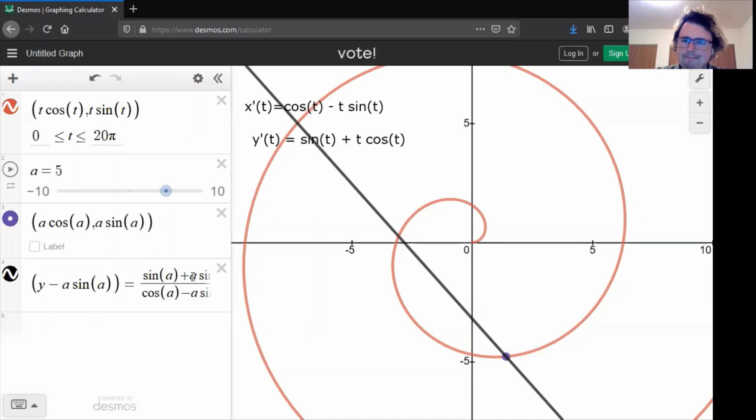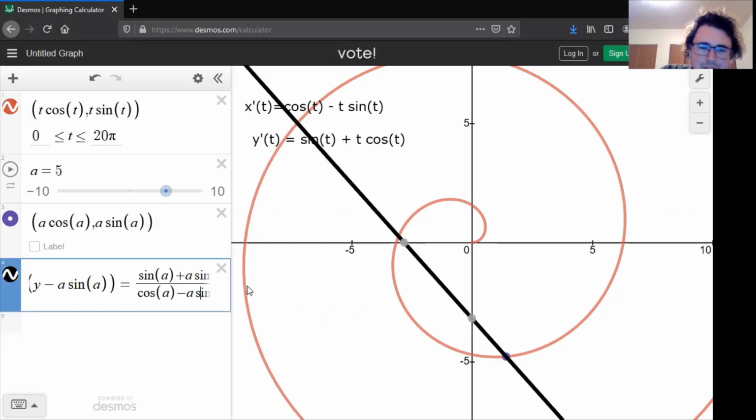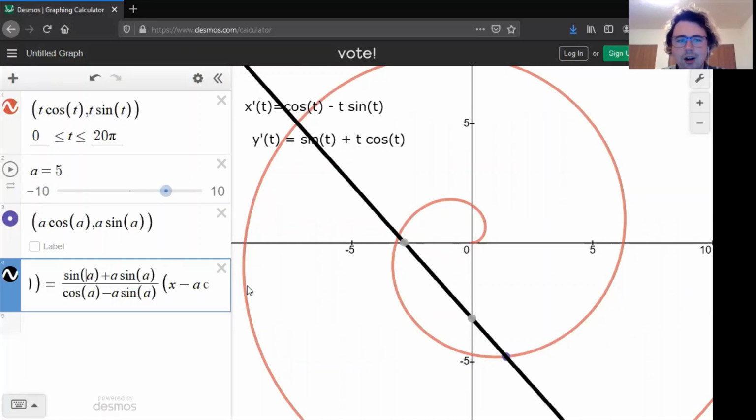Now, it doesn't look quite right. I've at least hit the point that I want, but something seems to have gone wrong with my slope. What is it? Do you see it? So this slope seems to be off somehow. I've got y minus a particular value of y. I've got my x minus a particular value of x. Numerator should be y prime evaluated at the t coordinate that I want.